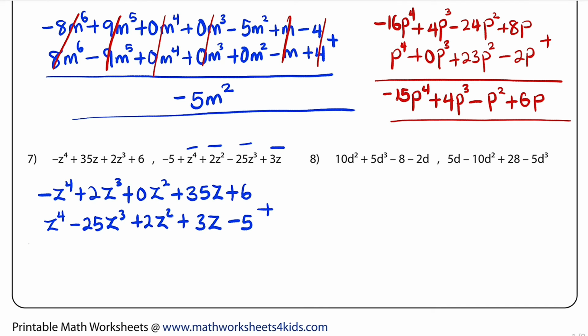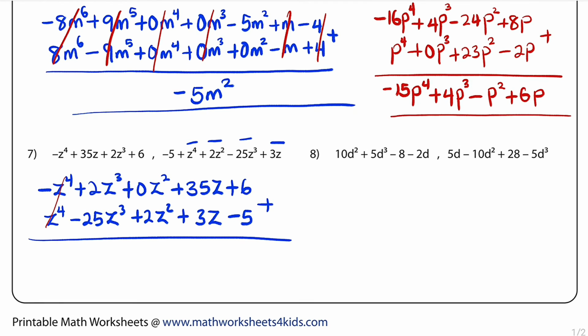We add. To the left, we have negative z, positive z. That will give us 0, so we are going to discard this one. Then the second term, we have 2 plus negative 25. That will give us negative 23. So we have negative 23 z to the power of 3.